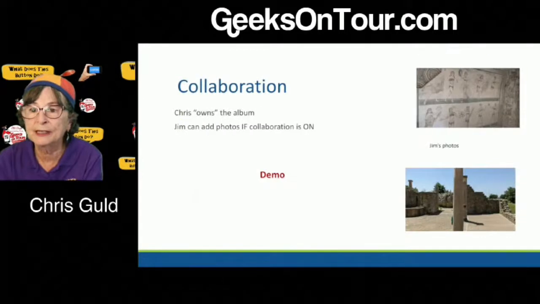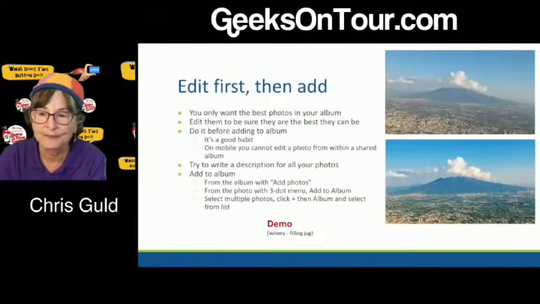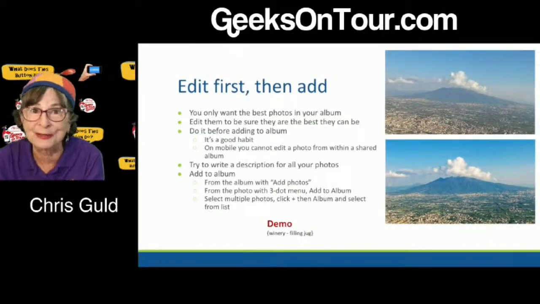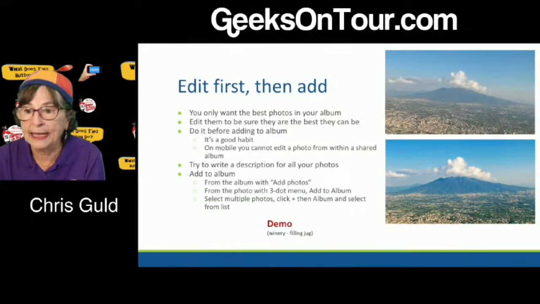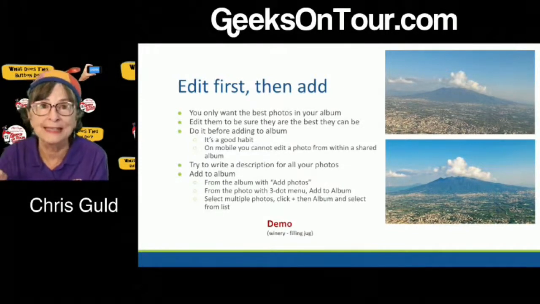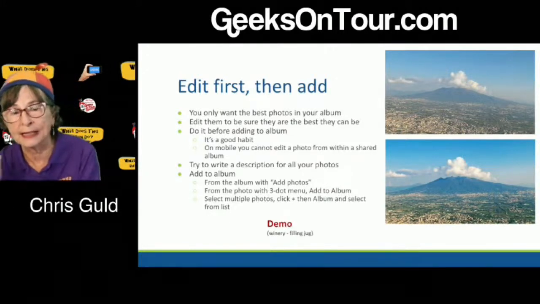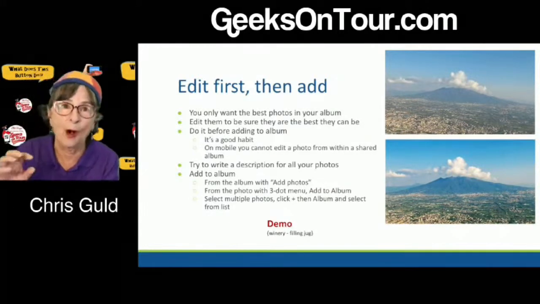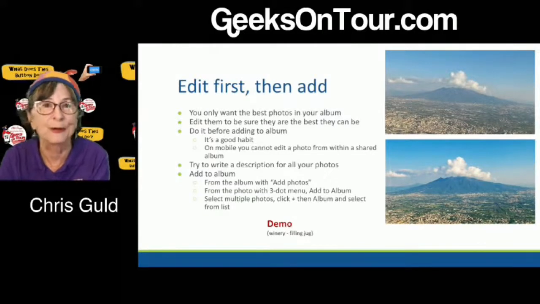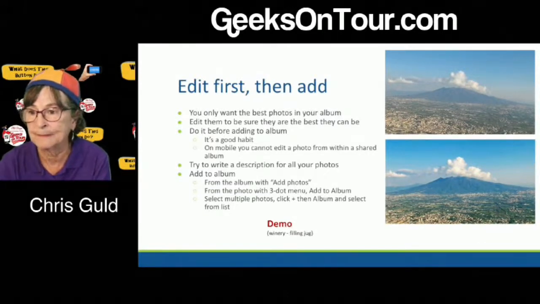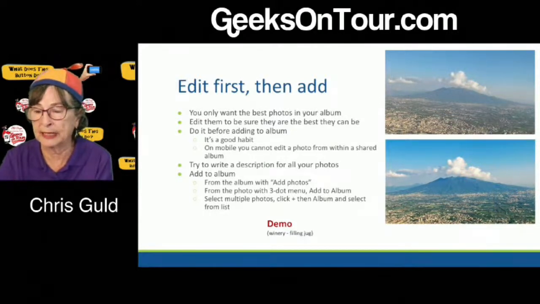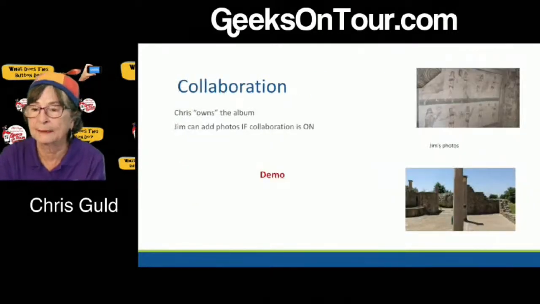Try to write a description for every photo. It just helps later to know exactly what it was. And add to album. You can either open the photo and add it to the album, or you can open the album and add photos to it. Two different ways of getting there. I don't think I need a demo of this, so we're going to skip that.